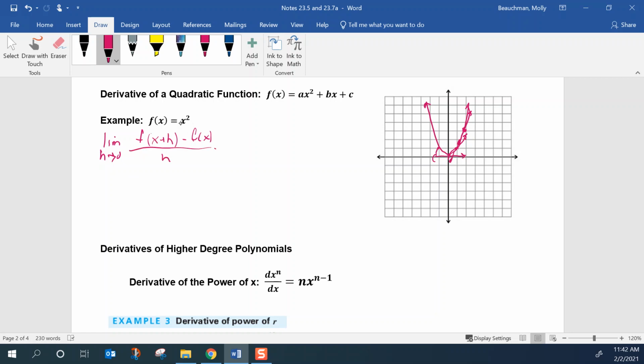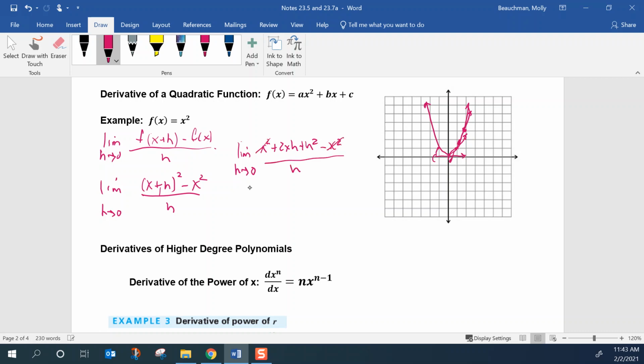Okay, so if we did that here, we would have x plus h squared minus x squared over h, just substituting the values in. X plus h squared would be the limit as h approaches 0 of x squared plus 2xh plus h squared minus x squared over h.